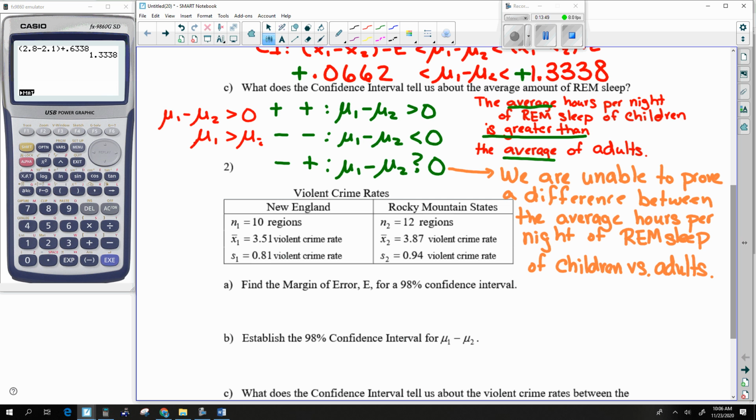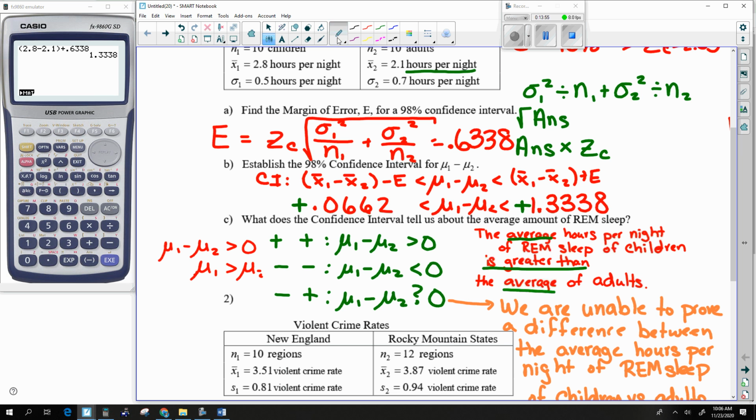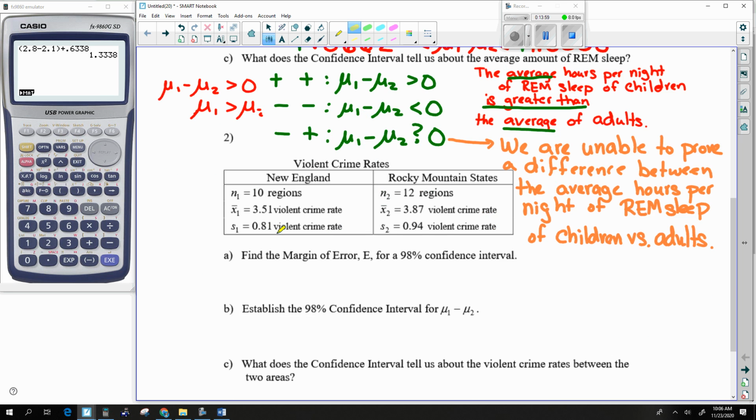Now, a key difference that you'll also have to make is this. Number 1, notice how you're dealing with sigmas. Number 2, you're dealing with s's. So what's going to happen is we are going to be getting a t value in some of our places, and we're going to have to use the t table.